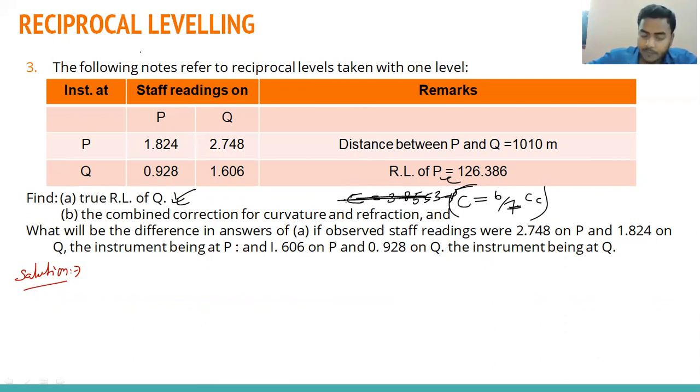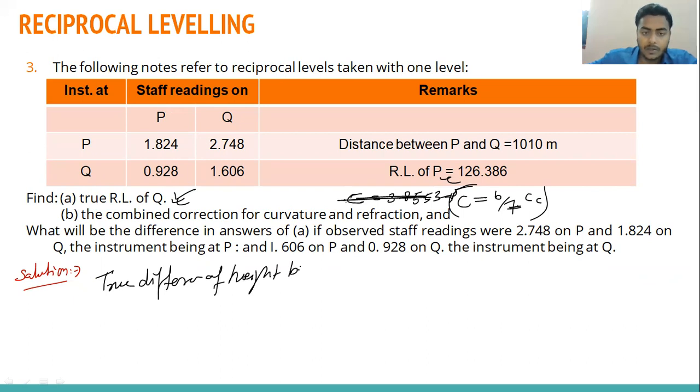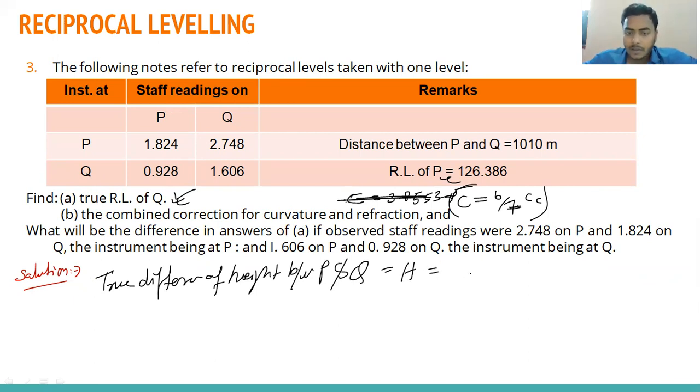We can calculate from the formula: the true difference of height between P and Q, that is H. The formula is A1 minus B1 plus A2 minus B2, divided by 2.